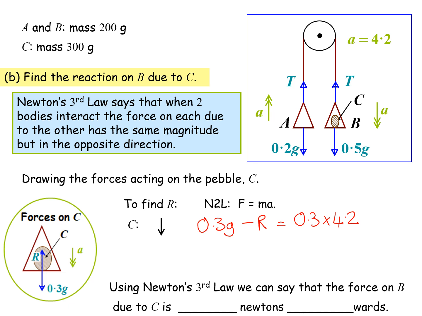So we've got 0.3 times 9.8 minus 0.3 times 4.2 equals R. Put that in your calculator and R works out to be 1.68 newtons downwards.